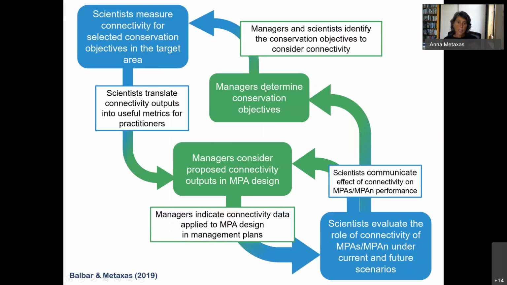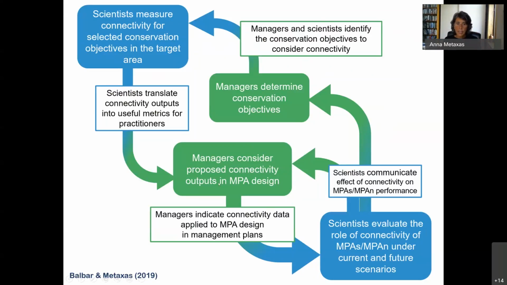Managers are the ones that come up with the conservation objectives, and then managers and scientists, rather, identify the conservation objectives that need to consider connectivity. The scientists go out and measure them, and then they come back and they come up with metrics that managers understand and can use. And so then the managers can decide, oh, okay, I see this metric, I know how you measure that, and I think it's important to include or not.